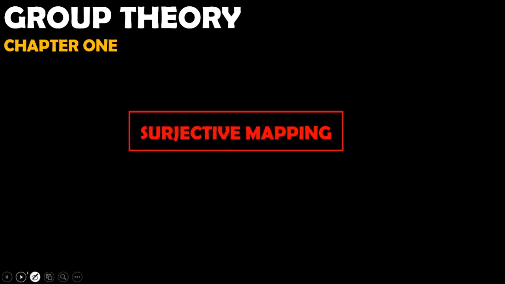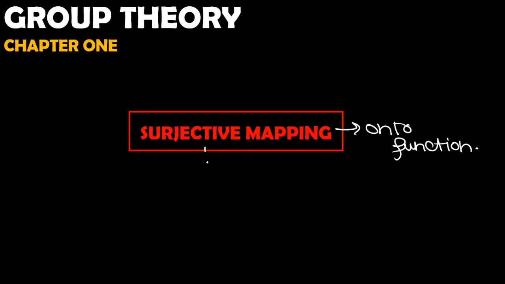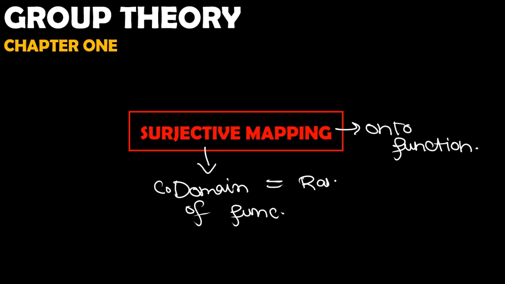Our next topic is the type of function which is the surjective function, oftentimes called the onto function. We will later discuss the extension of the function, inshallah, right? In an onto function, you have to remember that for a surjective function, the codomain of the function is equal to the range of the function.